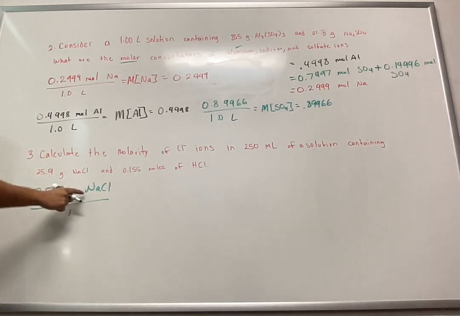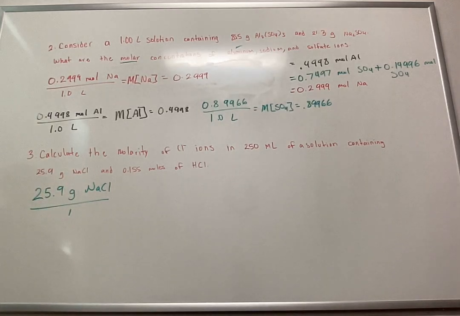Remember, we're trying to get the moles of NaCl. Then we can get the moles of Cl, or chlorine, and then divide it by the liters. In this case, they give us 250 milliliters, so we're going to have to do a little work with that. And thank God, they gave us 0.155 moles of HCl, so we don't have to mess with that. Just go from HCl to Cl.